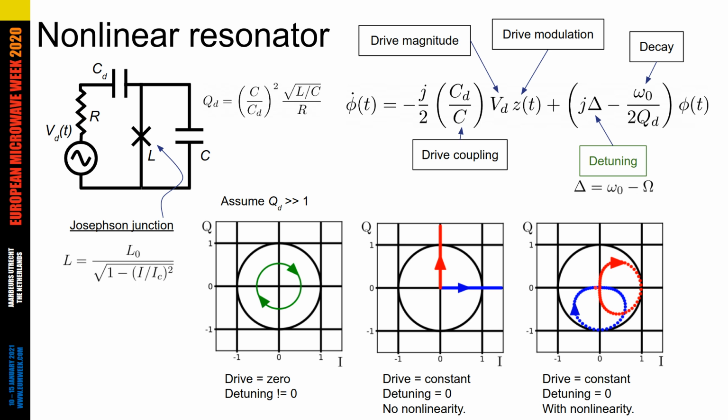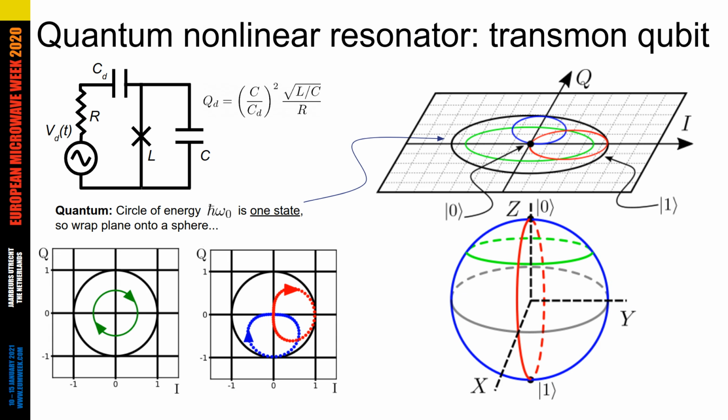And it turns out that because our superconducting qubits are nonlinear resonators, this picture of closed loops in the IQ plane gives you a very good picture of how we control superconducting qubits, as I'll now explain. The important ingredient here is that once we cool down this resonator so that it's superconducting and quantum mechanical, the circle that I've been showing here in black, which is that constant energy, is one dynamical state of the resonator.